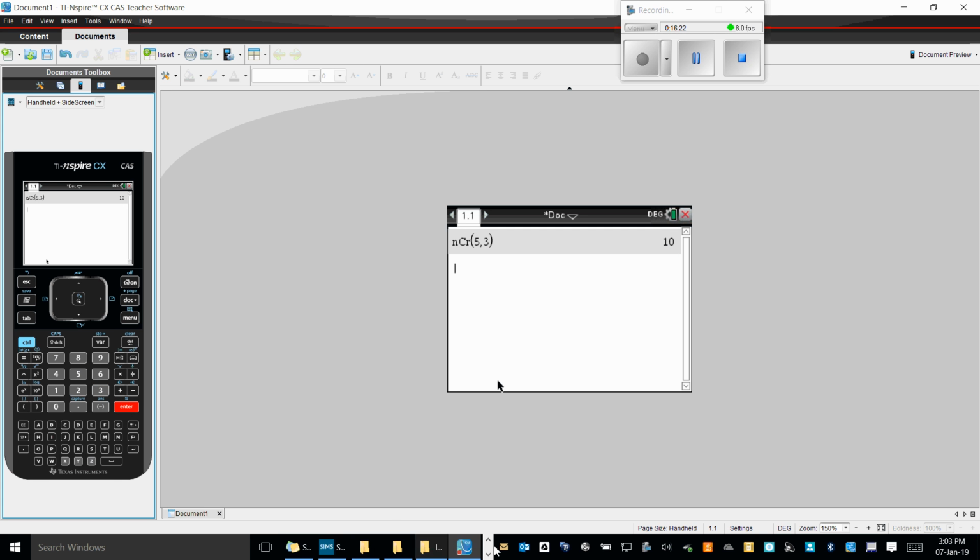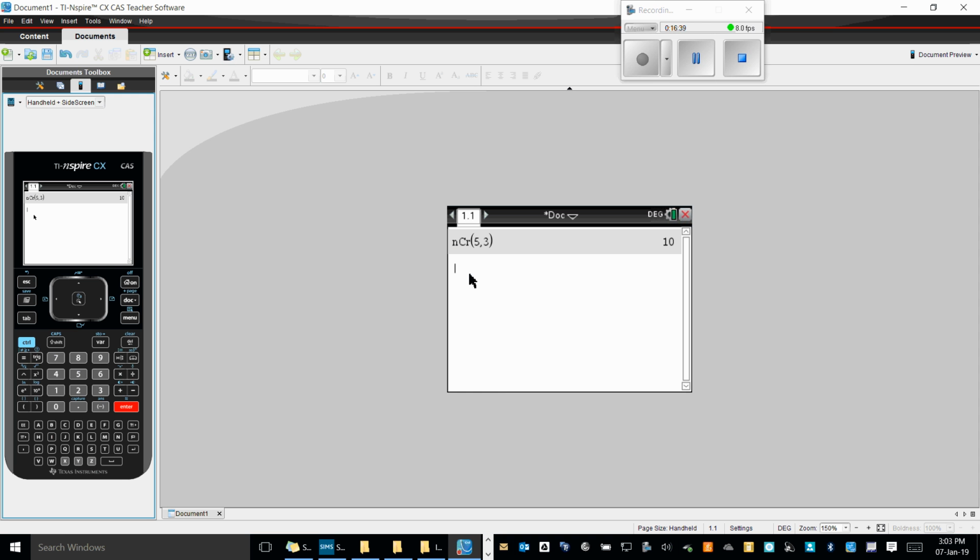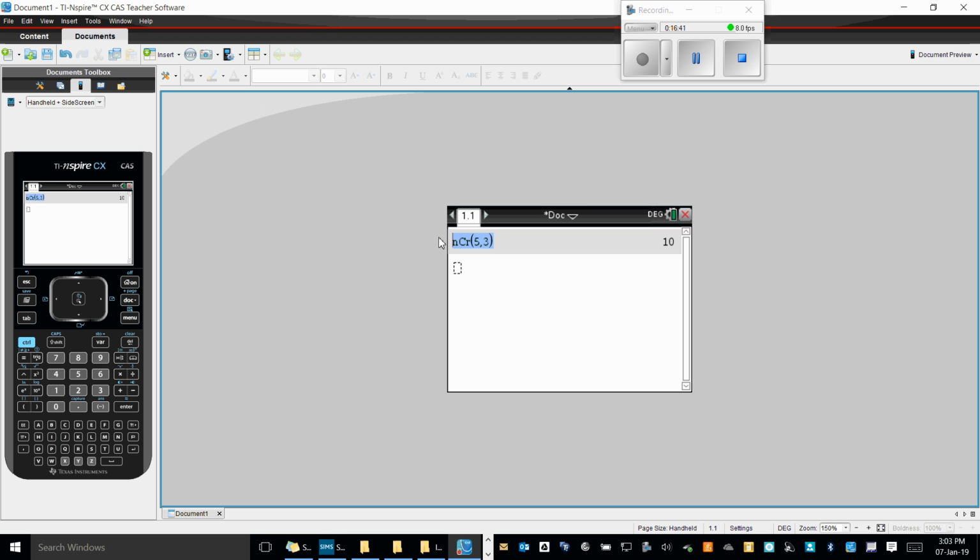But secretly we knew that, because we knew that was the value we were looking for here. So if we were to type 6, 5, we should get the answer 6. So should we practice that just to make sure? So I'm going to copy and paste.